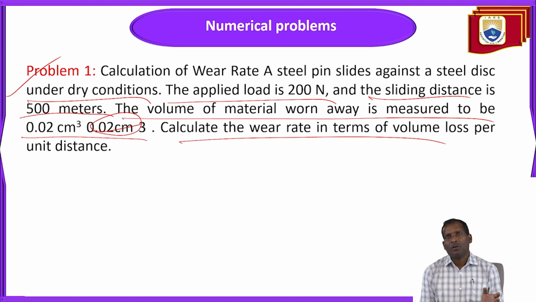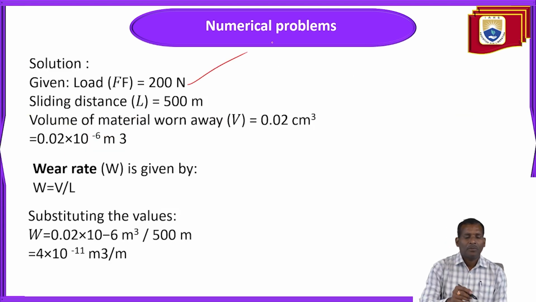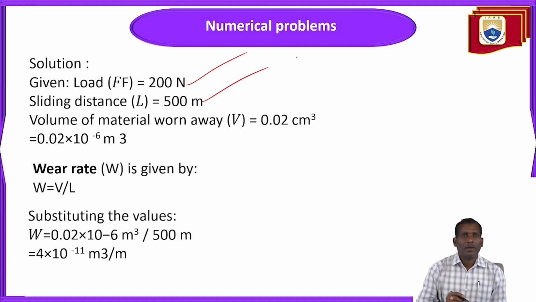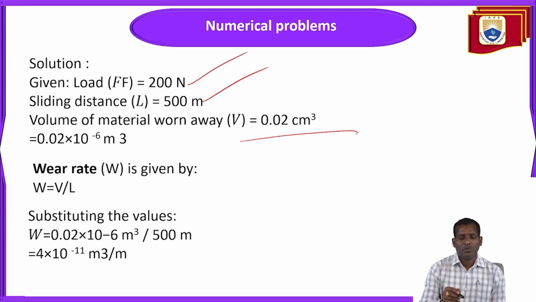The volume of material worn away is already given, and we calculate the wear rate in terms of volume loss. So the given load is 200 newtons, the sliding distance is 500 meters, and the volume of material worn away is 0.02 centimeter cube.